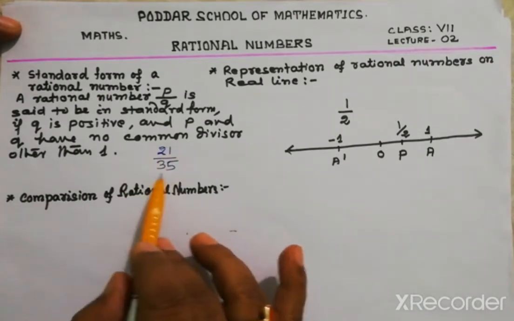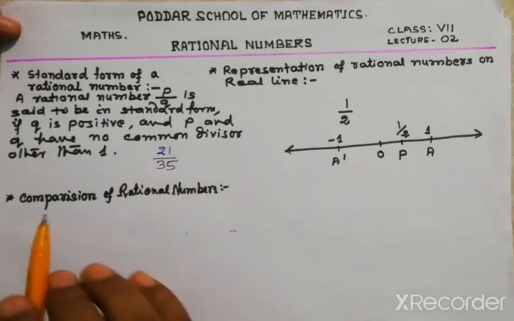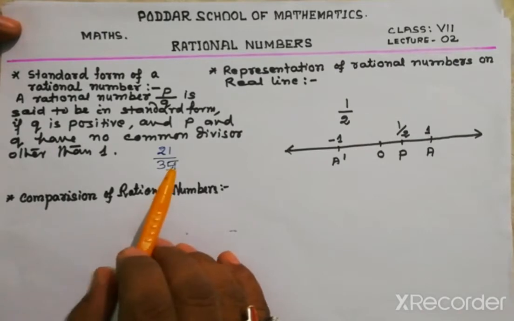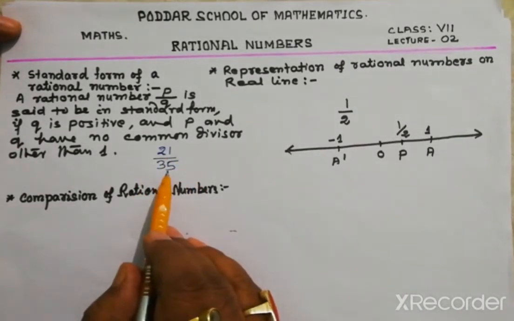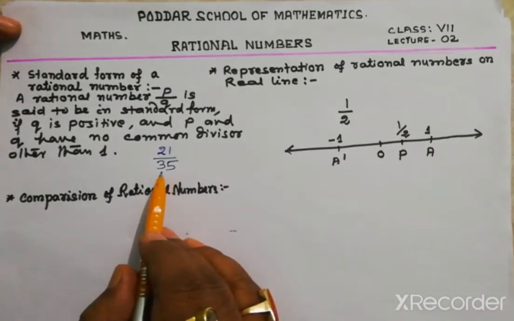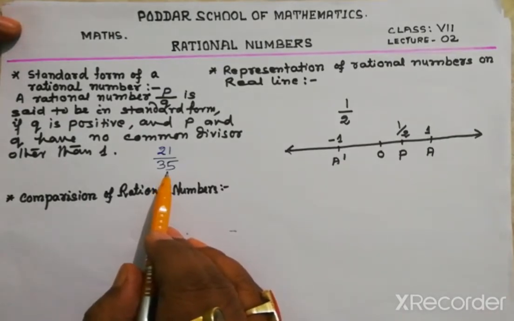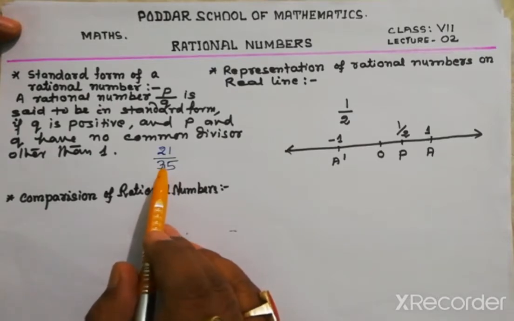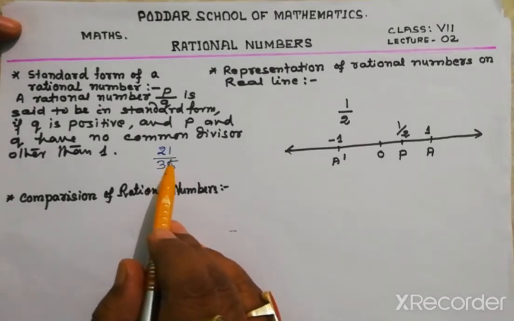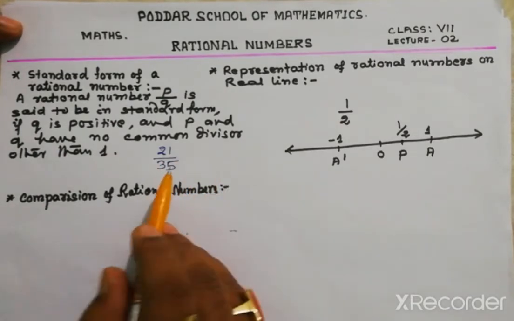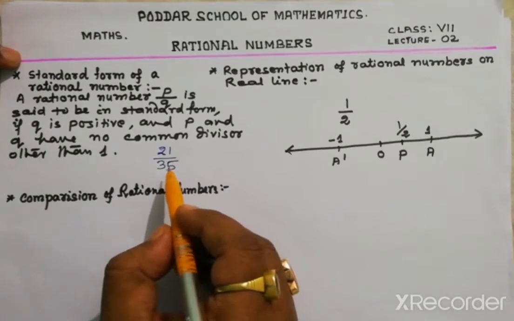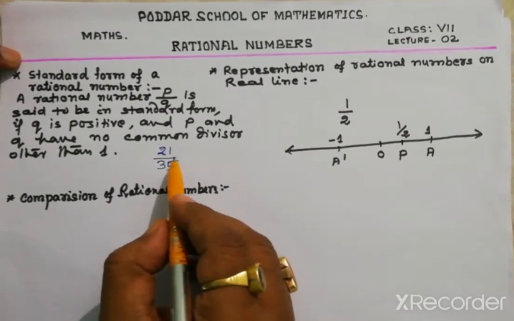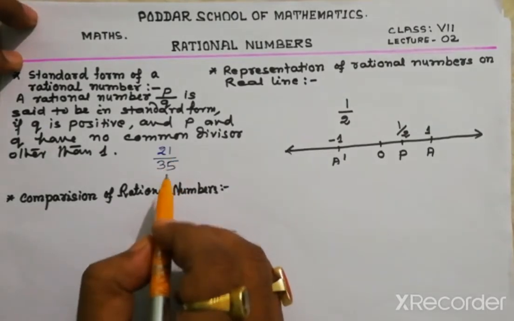To change this number to standard form, first of all, we have to see whether q is positive or not. Here we are seeing that q is positive. It means the first condition for being a standard form of a rational number is satisfied. Second point, p and q have no common divisors other than 1.